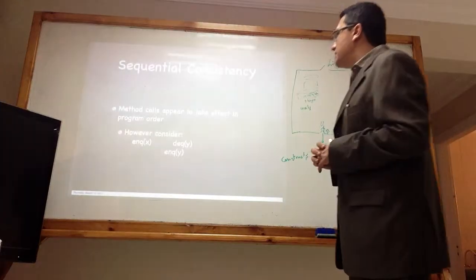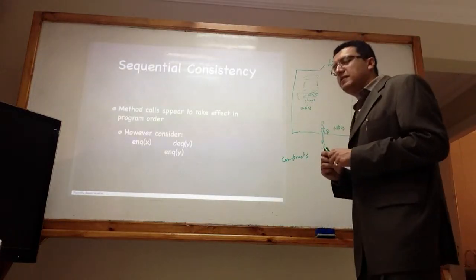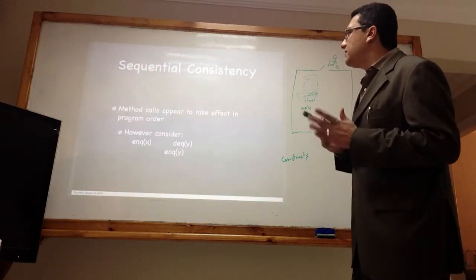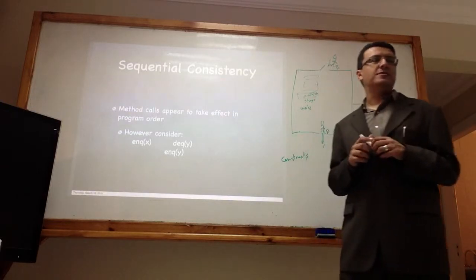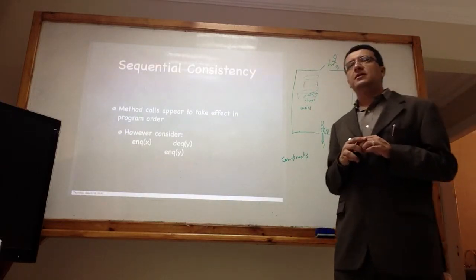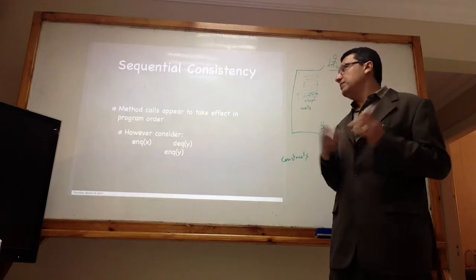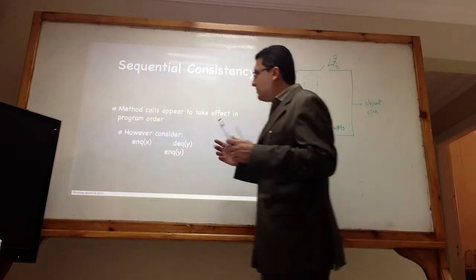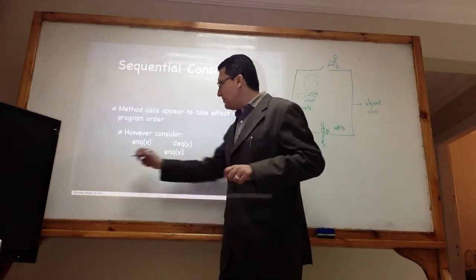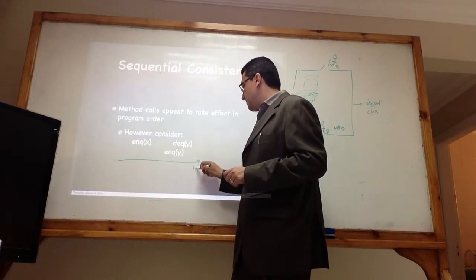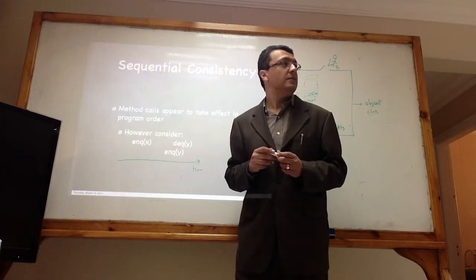If you want to implement sequential consistency, of course you can using synchronized blocks and so on. But in Java or high-level languages, sequential consistency sometimes is not enough. Why? Check this code.